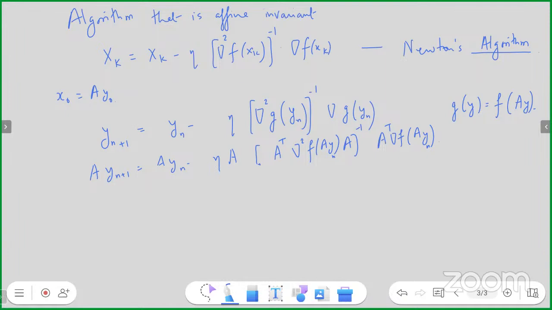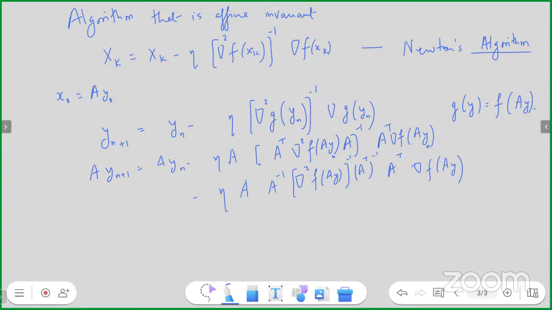So A inverse, the ratio of f of A y inverse, A transpose. This will cancel, this will cancel. What will remain? Just this part.